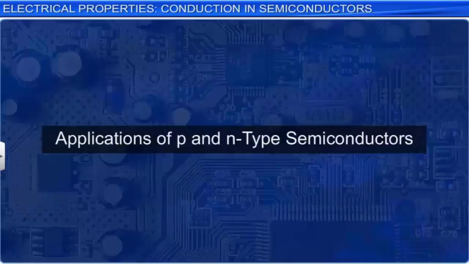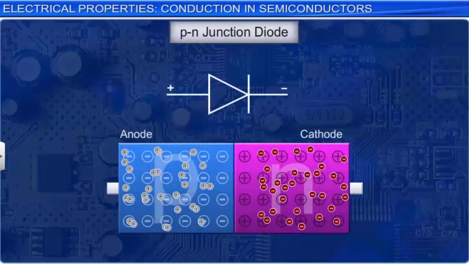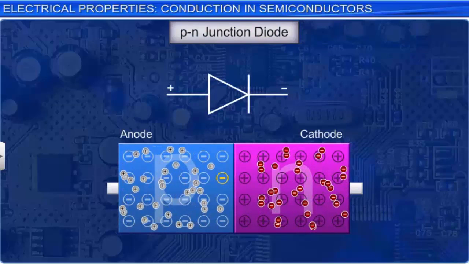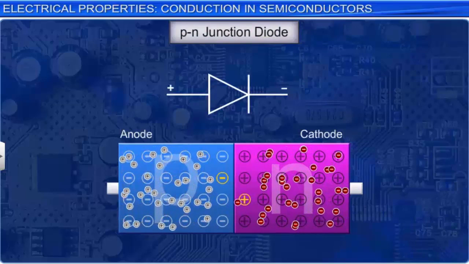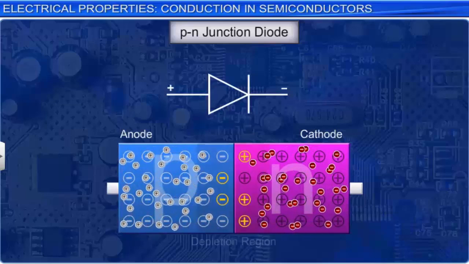Let us now take a quick look at the applications of P and N-type semiconductors. The most important application is in a p-n junction diode. Here, a P-type and an N-type semiconductor are brought together in close contact, creating a depletion region.